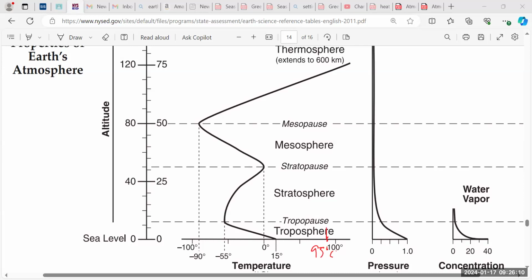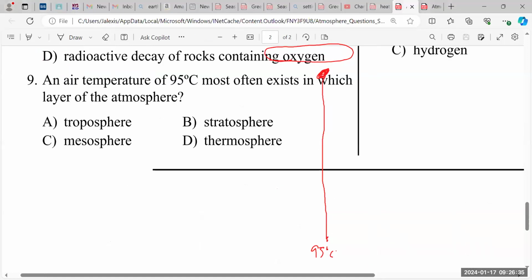I'm going to move my finger up until it reaches this black line to see what layer I'm in. Boom, right here. So what layer of the atmosphere am I located in when I reach the black bold line? The thermosphere. So the correct answer, everybody, is choice D.